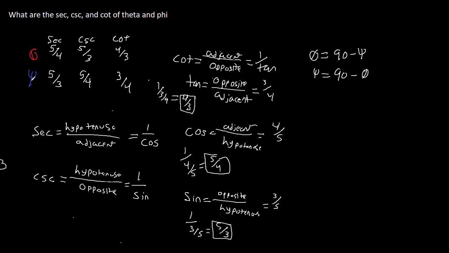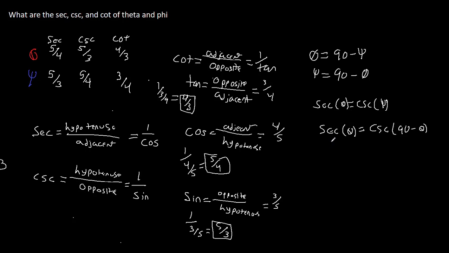And we also see here that the secant of theta is equal to the cosecant of phi. So we can use this relationship again to say that the secant of theta is equal to the cosecant of 90 minus theta.